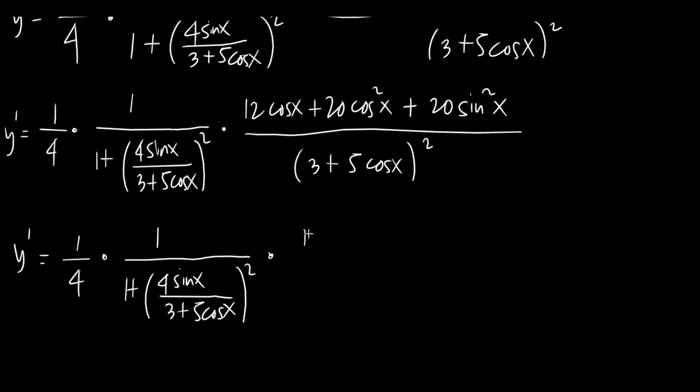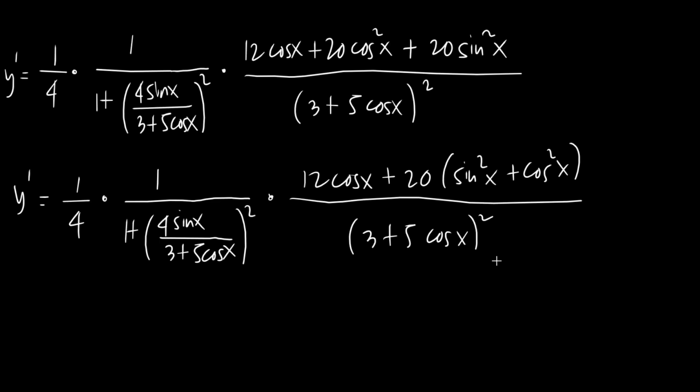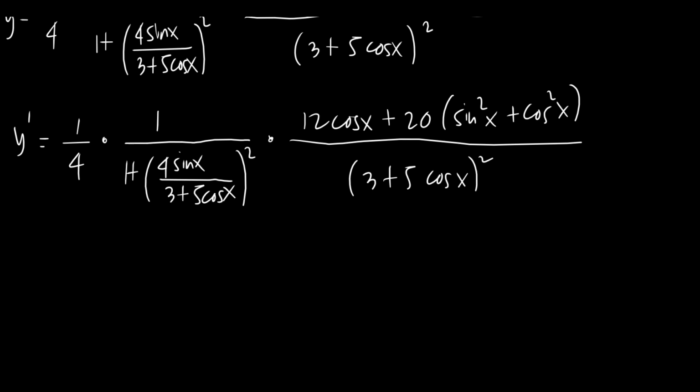So multiply by 12 cosine of x plus 20. So we'll factor out 20: sine squared x plus cosine squared x, all over 3 plus 5 cosine of x squared. So sine squared x plus cosine squared x is just equal to 1. So let's simplify this further.